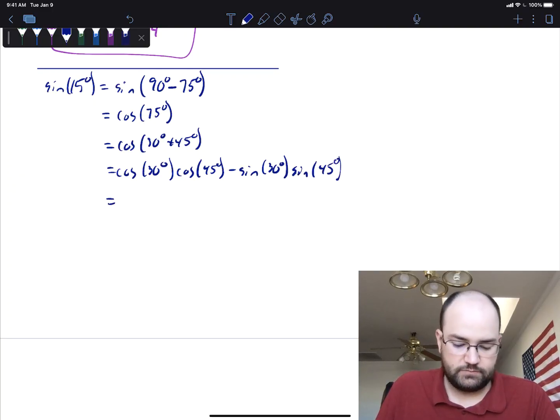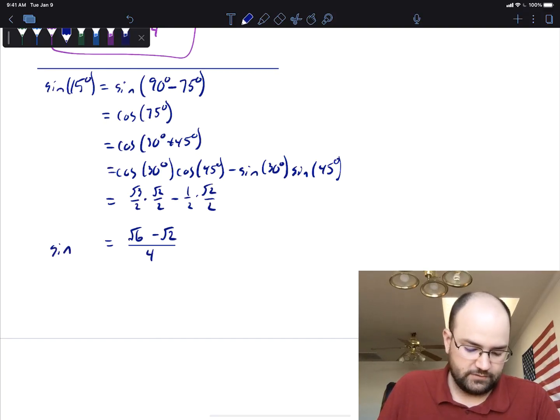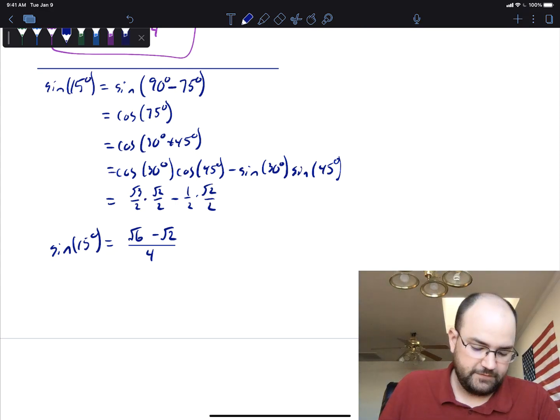And then simplify. Cosine 30 is root 3 over 2. Cosine 45 is root 2 over 2. Then minus sine 30 is 1/2, and sine 45 is root 2 over 2, which simplifies to root 6 minus root 2 all over 4. So that is sine of 15 degrees.